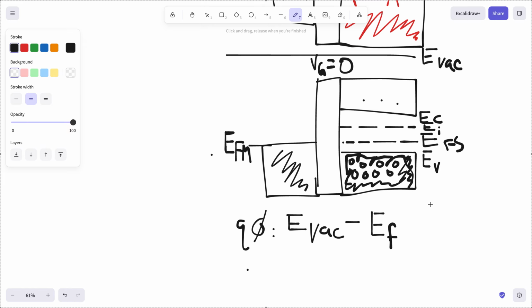And this is dependent on doping concentration, which makes sense because the Fermi level is dependent on doping concentration.